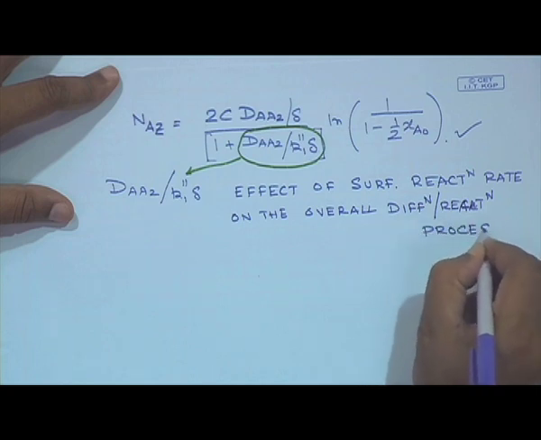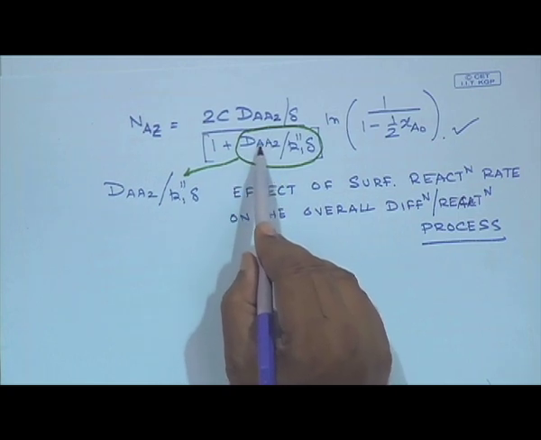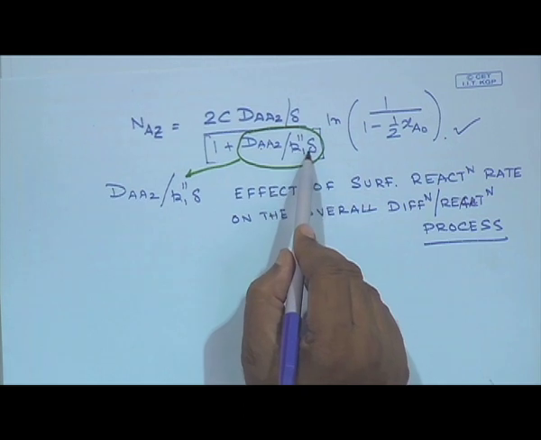The previous result which we obtained for the case of fast reaction was a diffusion-controlled process, but here the process is governed not only by diffusion, but also by the rate of reaction which is taking place on the catalyst surface. The dimensionless group which is an indicator of the effect of reaction in this diffusion process is essentially what we have in the denominator, the diffusion coefficient of A in A2 divided by K1 double prime delta.